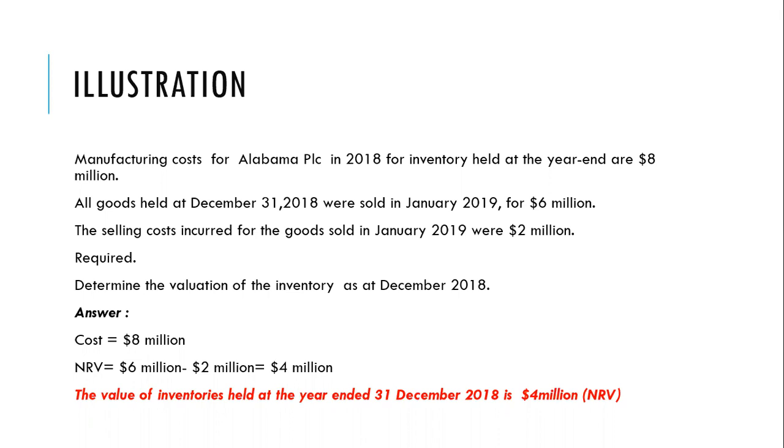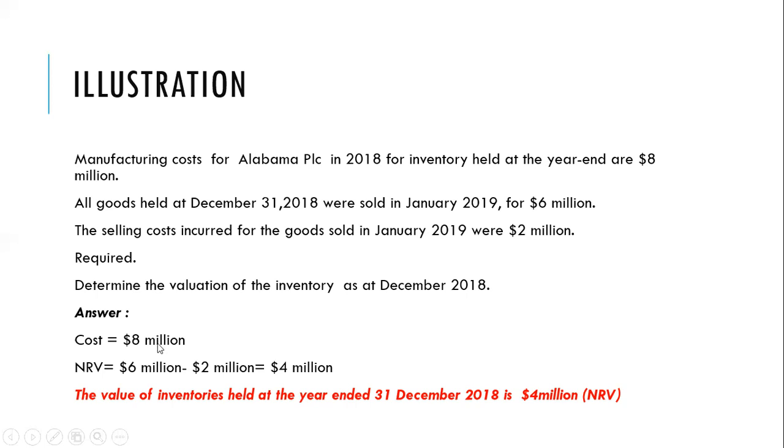Maybe there was obsolescence. So definitely the valuation of that inventory had dropped, okay? The selling costs incurred for the goods sold in January 2019 were $2 million. So determine the valuation of the inventory as at December 2018.